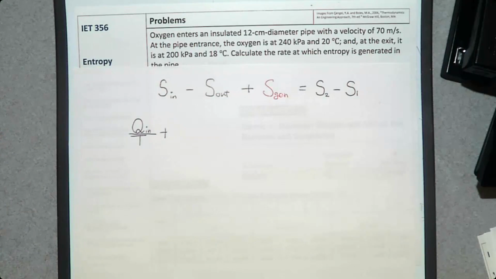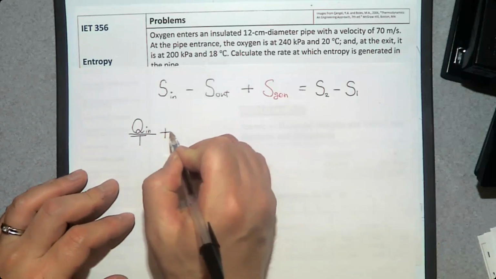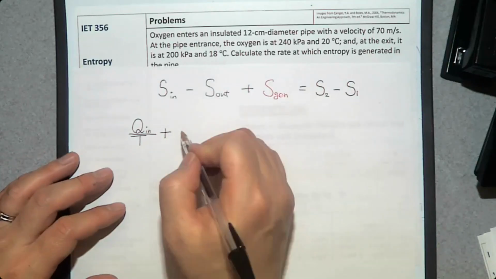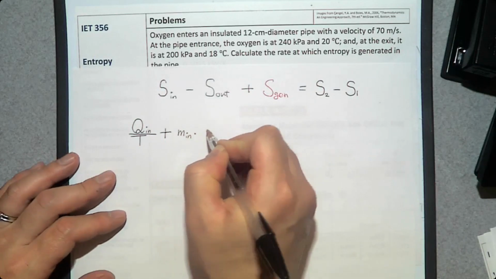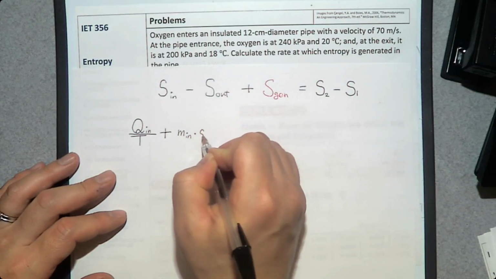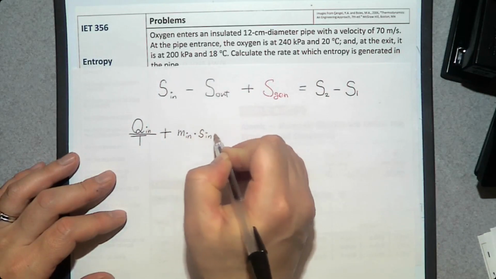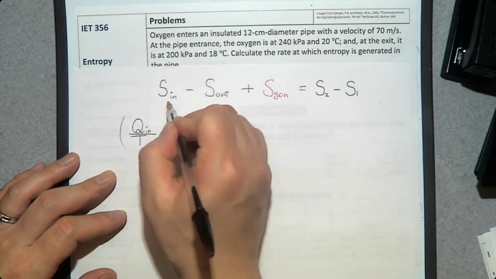You only create the waste form of energy when heat is added or removed. So unless there is a heat transfer, there is no entropy change due to energy transfer by work. Then what about mass? Mass has thermal energy, so mass entering a system has entropy. So these two are entropy transfer in.